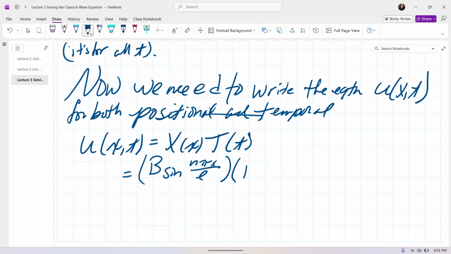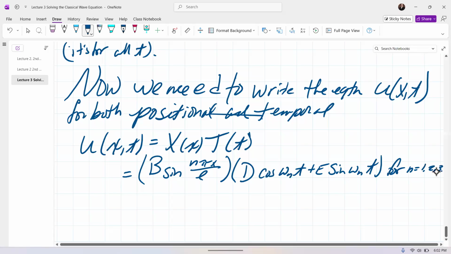And we have D cosine omega sub n t plus E sine omega sub n t, for n equals 1, 2, 3, and so on.